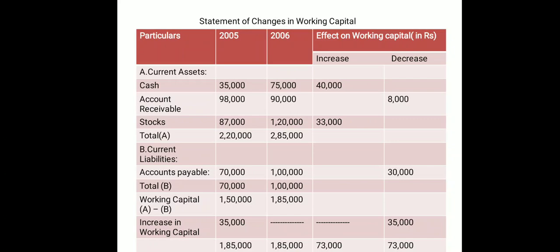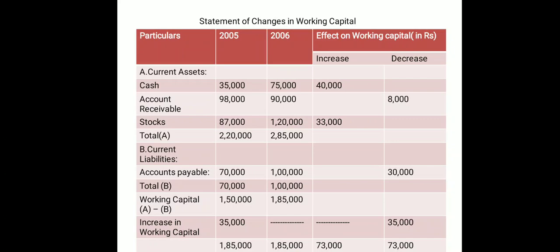So 2,20,000 minus 70,000, that is the total of B. How much are we going to get? We are going to get 1,50,000. Similarly for 2006, total of A 2,85,000 and total of B 1 lakh. The difference of these two is 1,85,000. So in 2005 you have a working capital of 1,50,000 and in 2006 you have a working capital of 1,85,000.